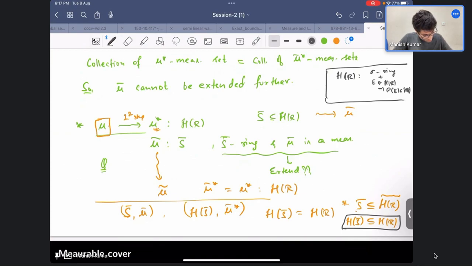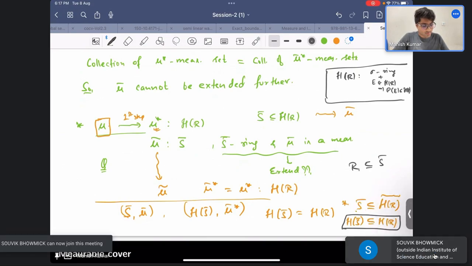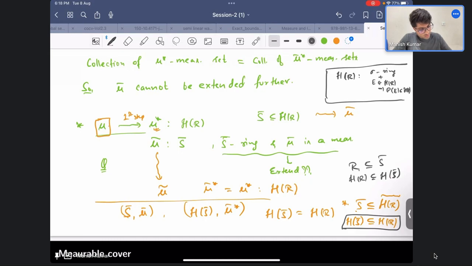Now R is contained in S bar, right? This is true. So H of R is also contained in H of S bar, right? Or you can see it in this way, maybe this would be a better way to write.